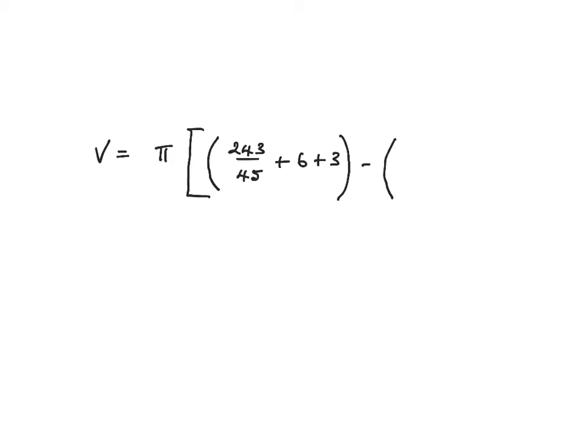So subbing in the values given, we get 243 over 45 plus 6 plus 3, minus 1 over 45 plus 2 over 9, and that's 592 pi over 45.